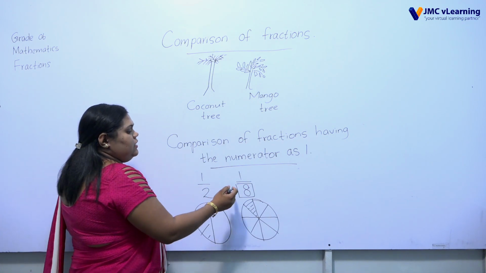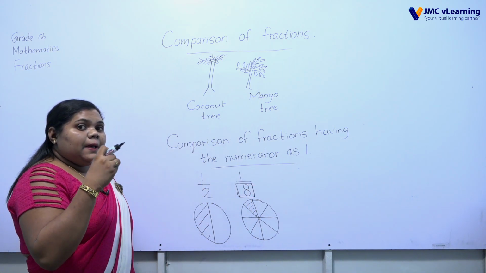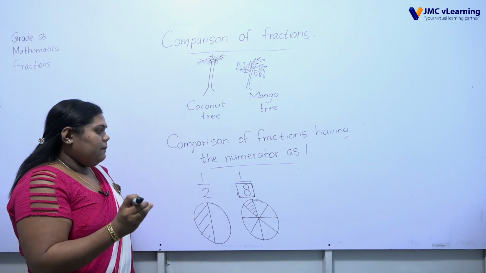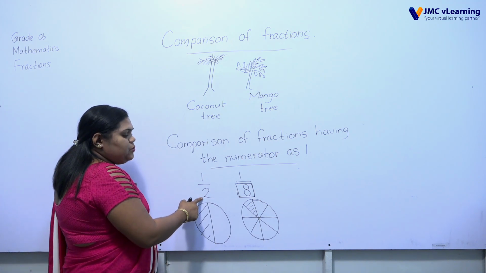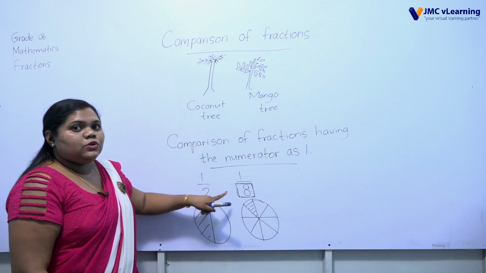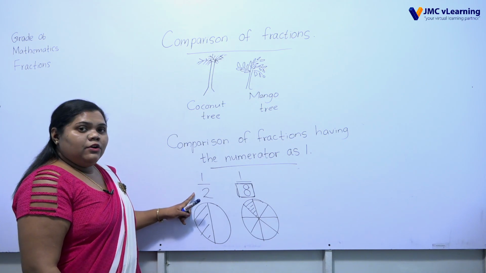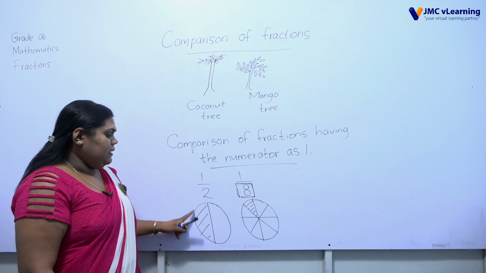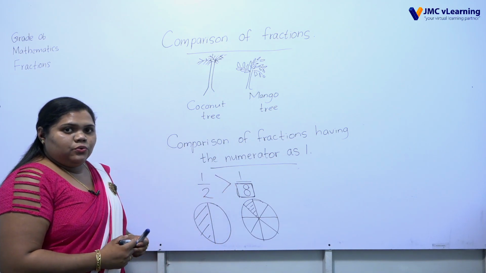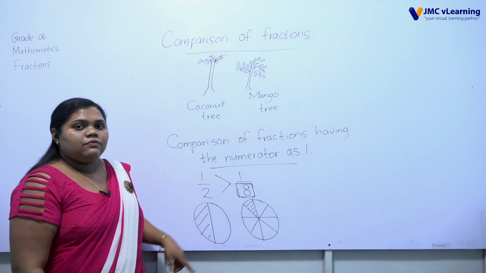If the fraction has a big denominator, it shows a small part. And now look at this, 2 is smaller than 8. It means this 1 out of 2 shows the bigger part. It means 1 out of 2 is greater than 1 out of 8.